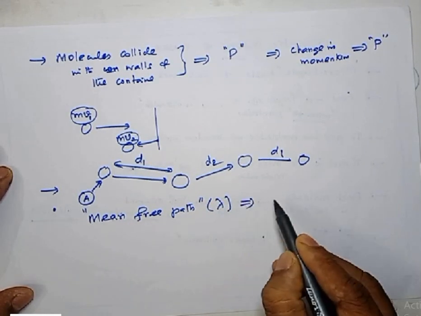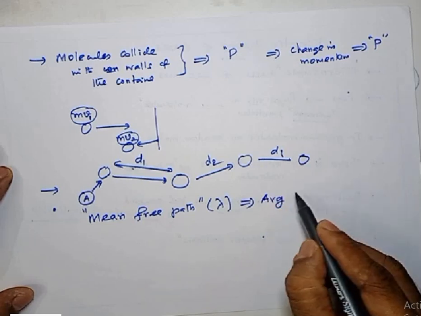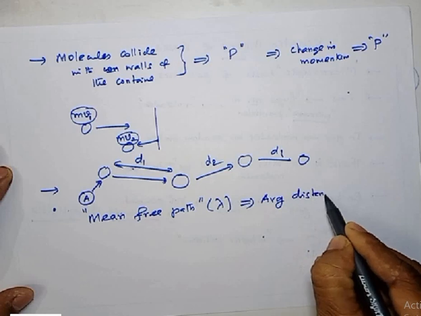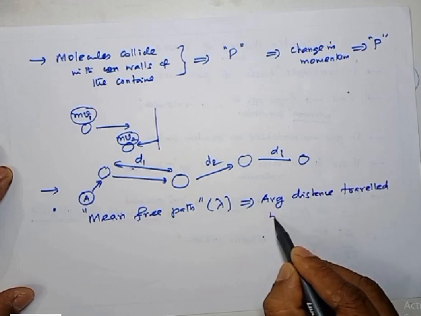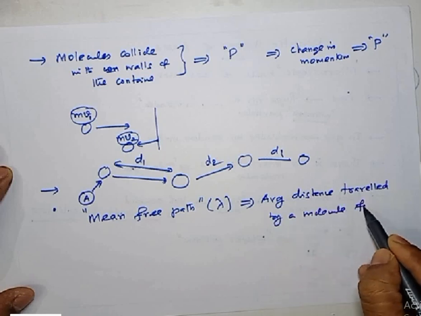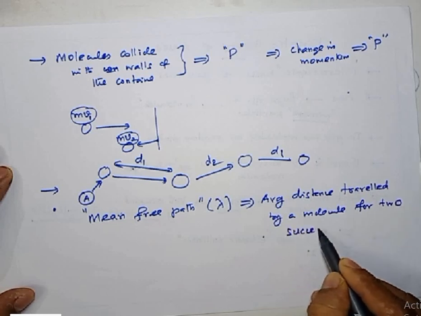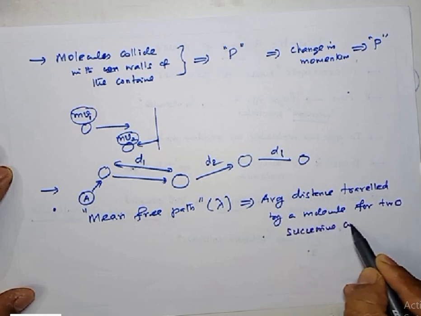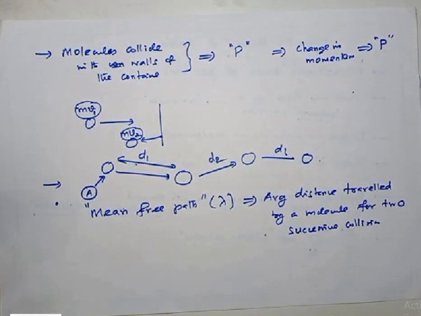Mean free path is nothing but the average distance traveled by a molecule for two successive collisions. This is what we call mean free path.